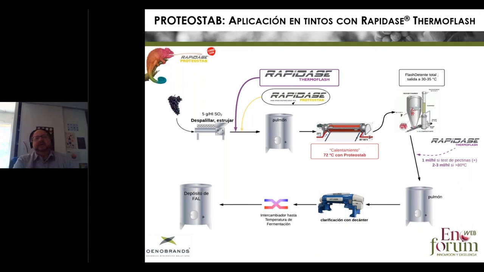So with the use of Rapidase Proteostab and Rapidase Thermoflash and the heating step, you can achieve a complete deproteinization of the wine and a good clarification and filterability of the must after pressing.